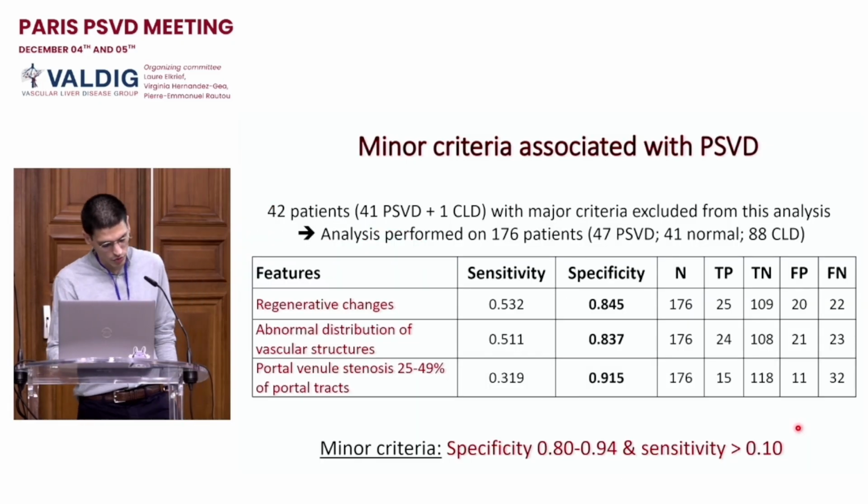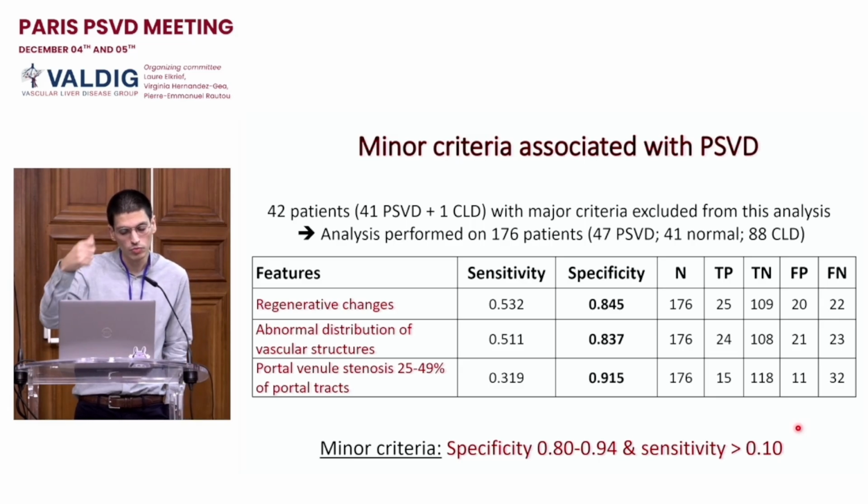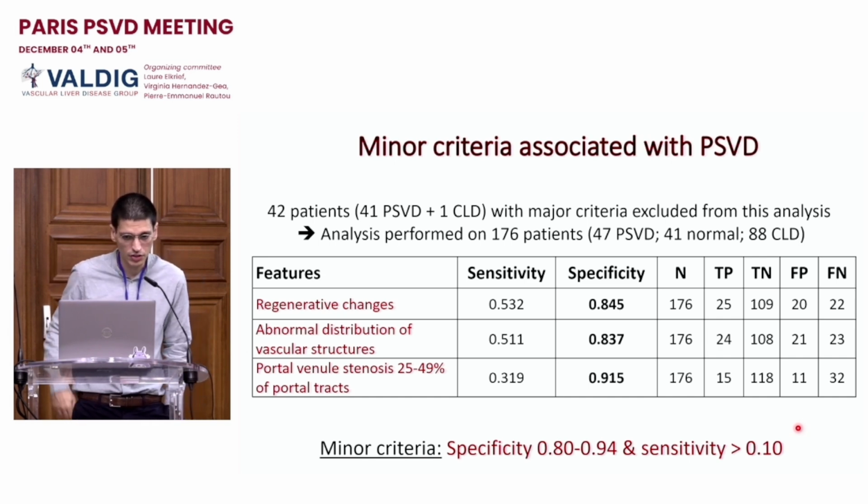And the second step was to try to catch more patients with PSVD, and for that we excluded the patients with major criteria, and we looked only at the patients who didn't have major criteria, to add something for these patients. It's like the major criteria, but in a lower manner.